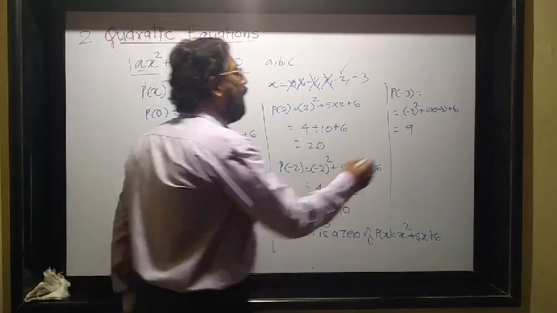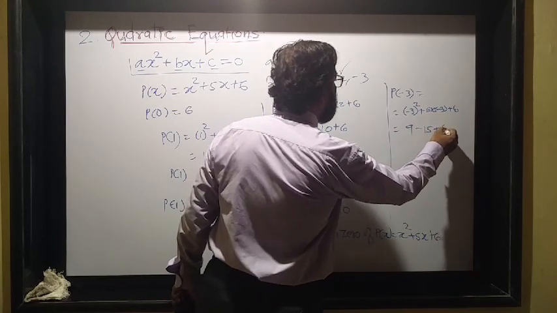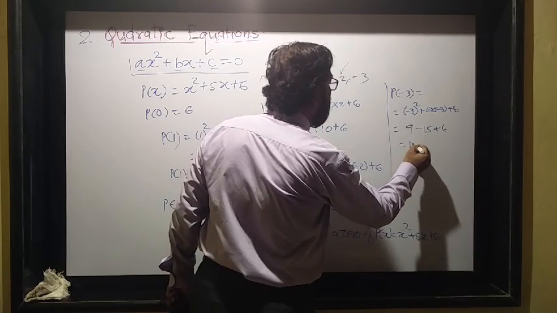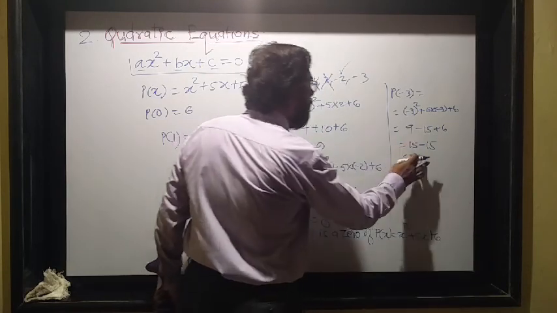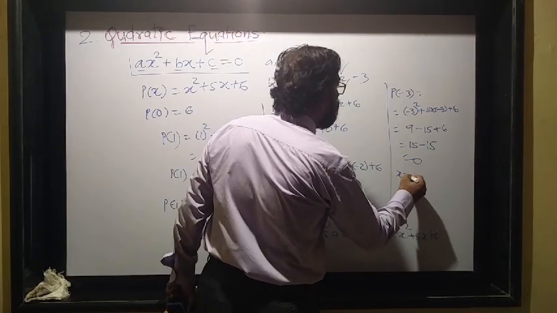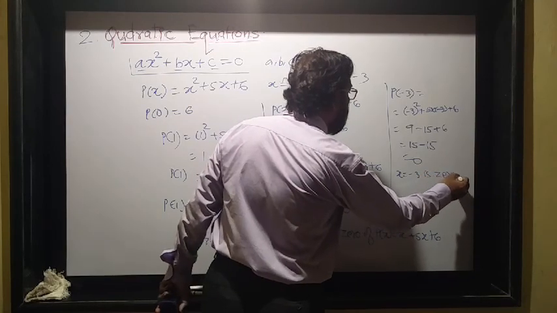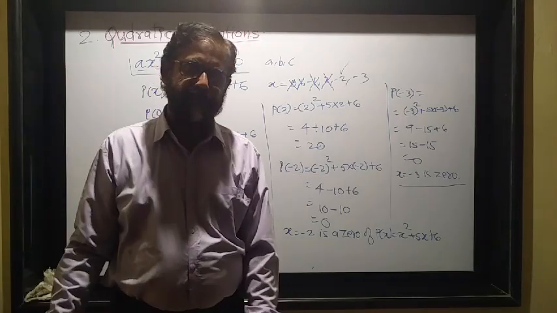Always remember. So minus 15 plus 6. Now 9 plus 6 is equal to 15. Minus 15, again here you will get 0. So we can say that x equal to minus 3 is a zero of the polynomial or quadratic equation.